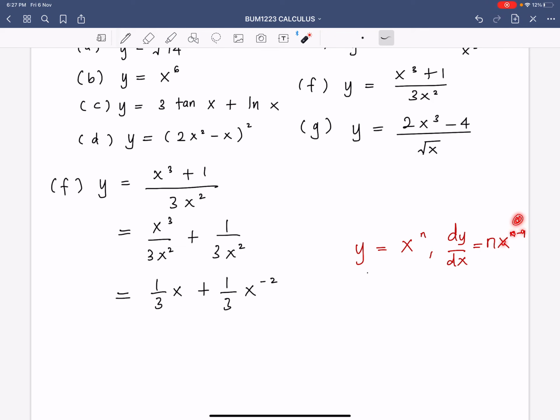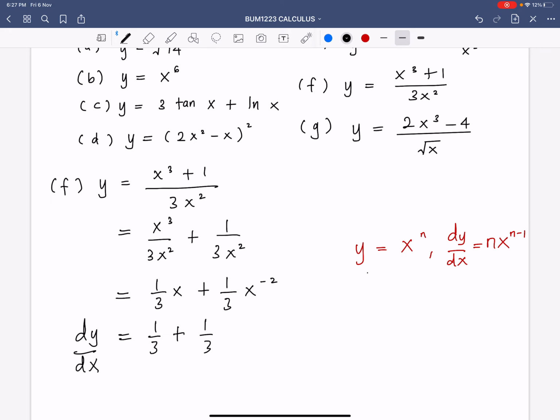X power of 0 is 1, so 1 times 1 is equal to 1. Therefore, we have 1 over 3 times 1, which is 1 over 3, plus this one. So plus the constant remains in the derivative. Sorry, this is supposed to be dy dx.